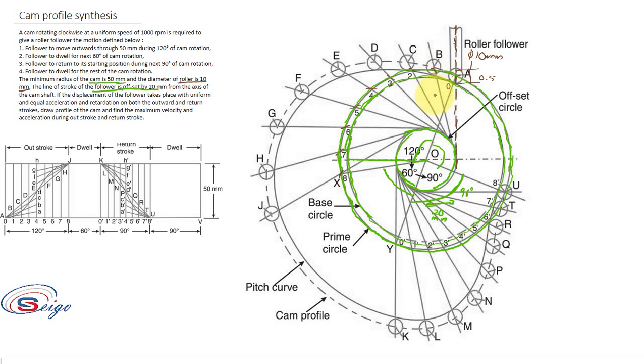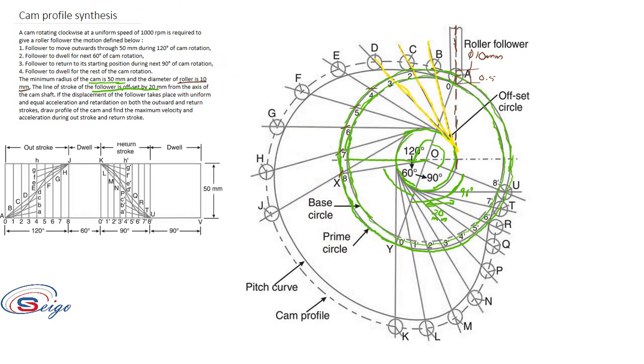Now you have to draw lines which are tangent to the offset circle passing through these points. Okay. So this is your first line which is tangent to the offset circle. Then second, passing through the point 2 and tangent to the offset circle. Passing through 3 and tangent to the offset circle. Like this you have to complete whole the lines.